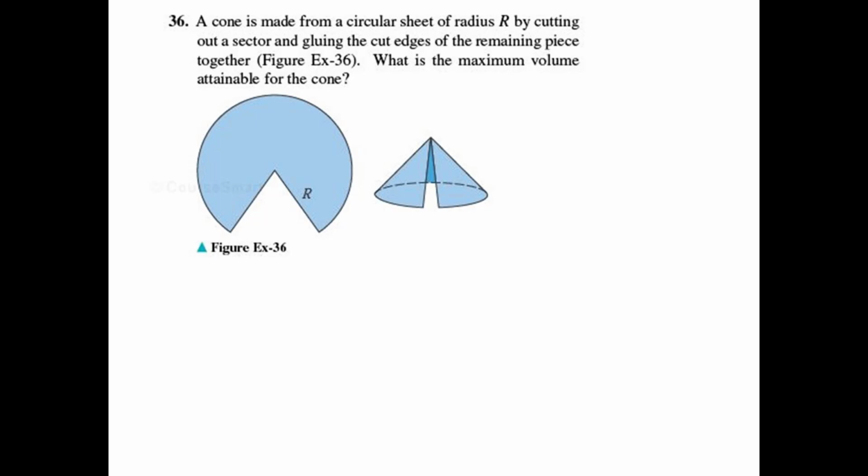A cone is made from a circular sheet of radius r by cutting out a sector and gluing the edges of the remaining piece together. What is the maximum volume? So I chose this problem because you need to be comfortable working with variables, right?